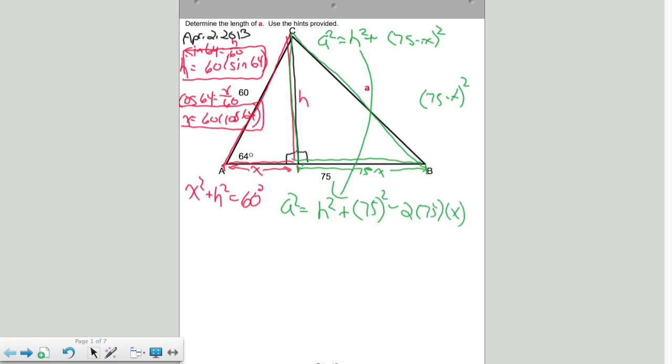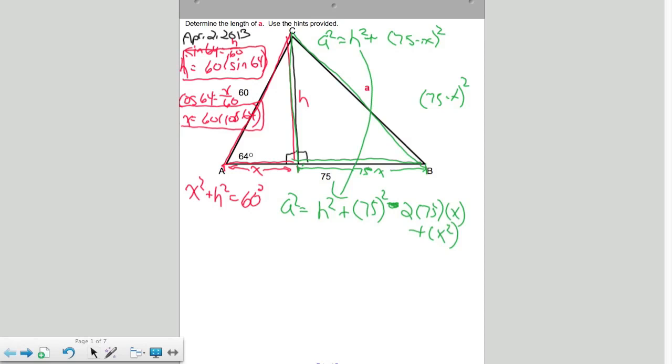I'm subtracting, so this is my subtracting here. And then plus x squared. Okay, so I just took that and expanded it out.